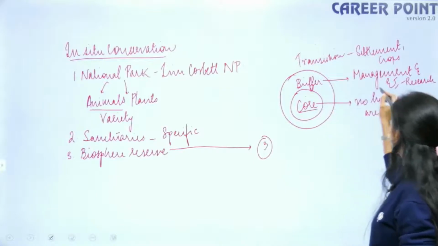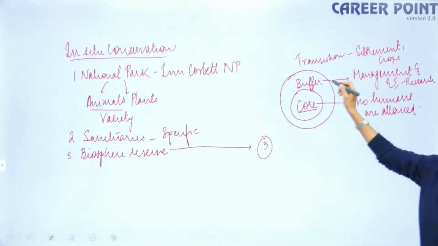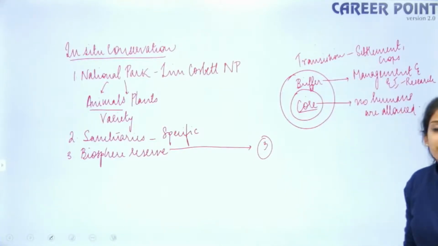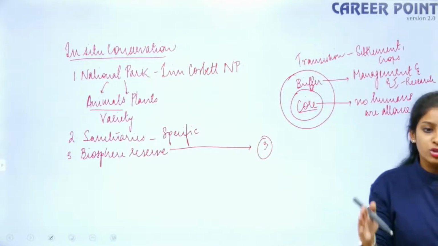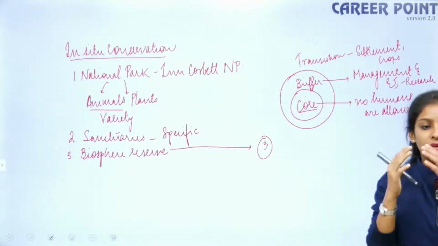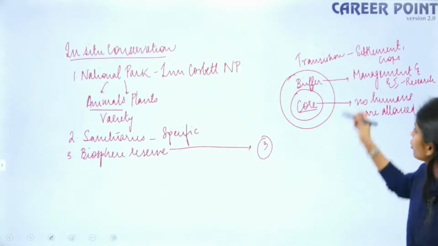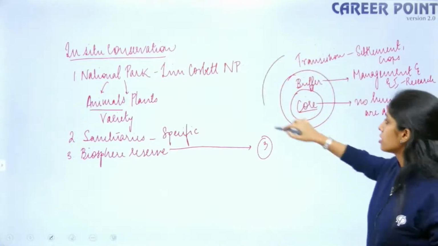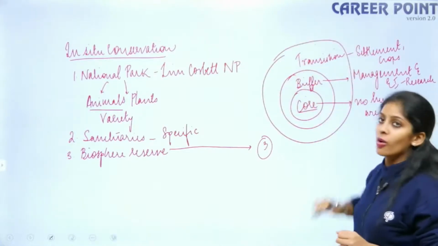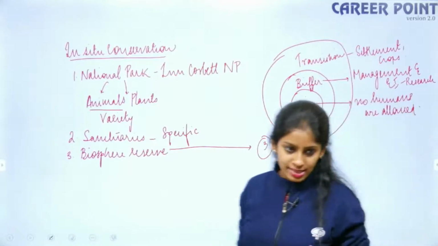In the core region, no humans are allowed. In the buffer region, management and educational research institutes work for research. Then the transition zone, the last zone, is where you have settlements, crops, etc.